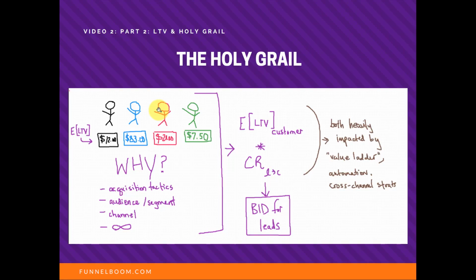Now, why is that? Let's think about the drivers of expected LTV, right? What could cause someone to be more profitable? Well, there's demographic information, right? So you might find that women aged 25 to 34 tend to be twice as valuable as men, in a very simple kind of example.